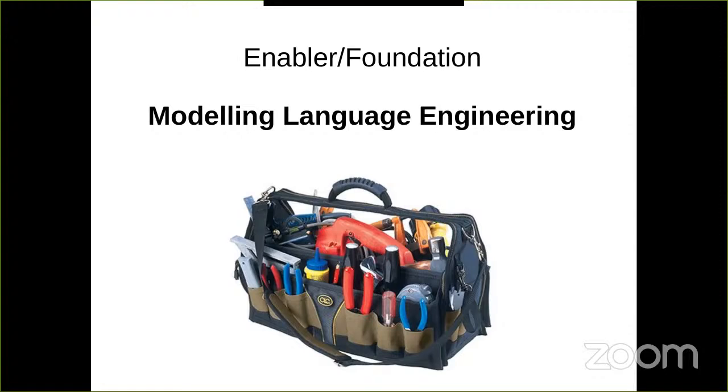What I will not talk about, because that's a separate talk in its own right, is how we now implement all of this. That's where modeling language engineering, which is heavily based on computer science techniques and systems theory, will allow us to engineer modeling languages, the simulators for these modeling languages, the analyzers for these modeling languages, and so forth.